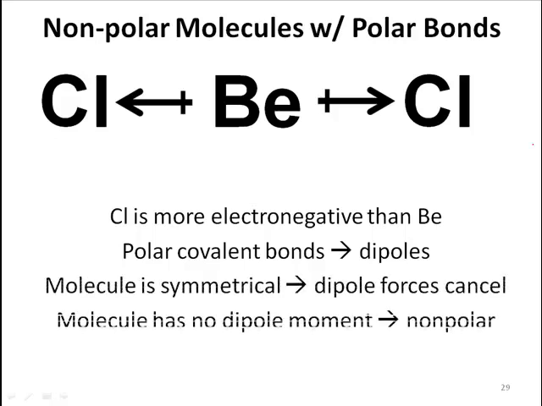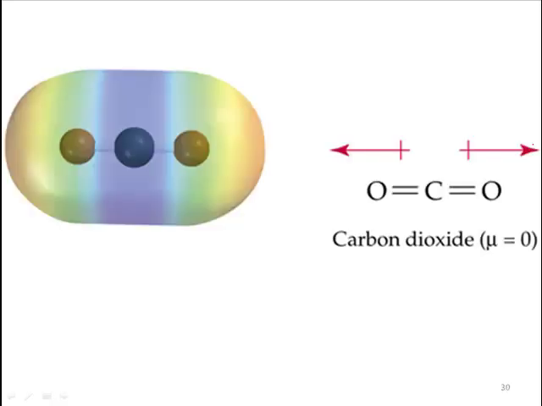So they cancel. That means the molecule has no dipole moment and is called a nonpolar molecule. This works great for Be because Be doesn't have any lone pairs around it. Carbon dioxide has a dipole of 0 debye. Is it going to be polar or nonpolar? Nonpolar.